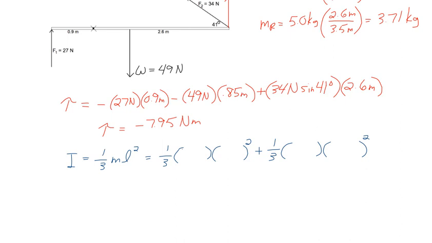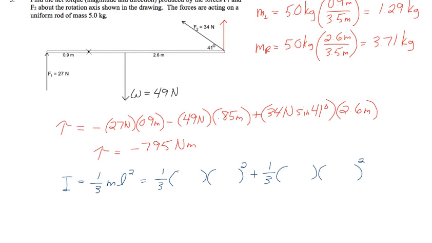And our two masses, I need to bring this down a little bit so I can see them. We have 1.29 kilograms and we have 3.71 kilograms. And this length on the left is 0.9 meters, and to the right of it, it's 2.6 meters.